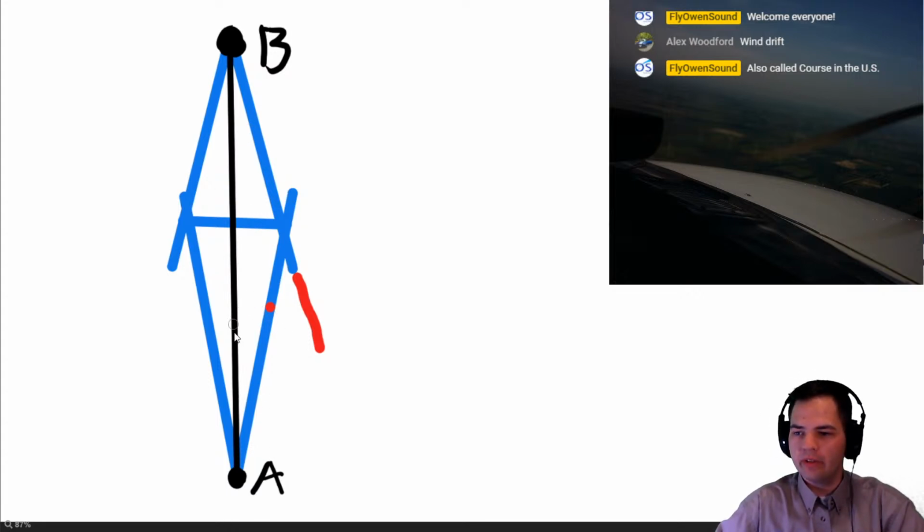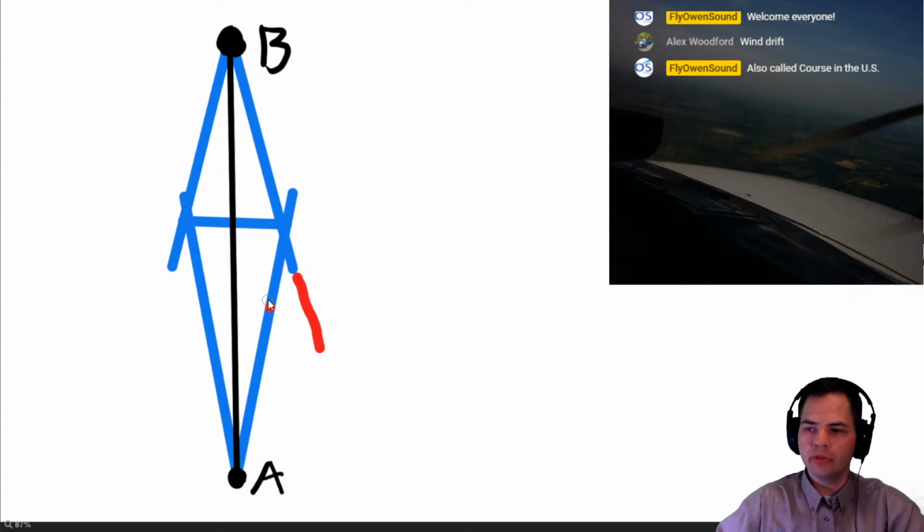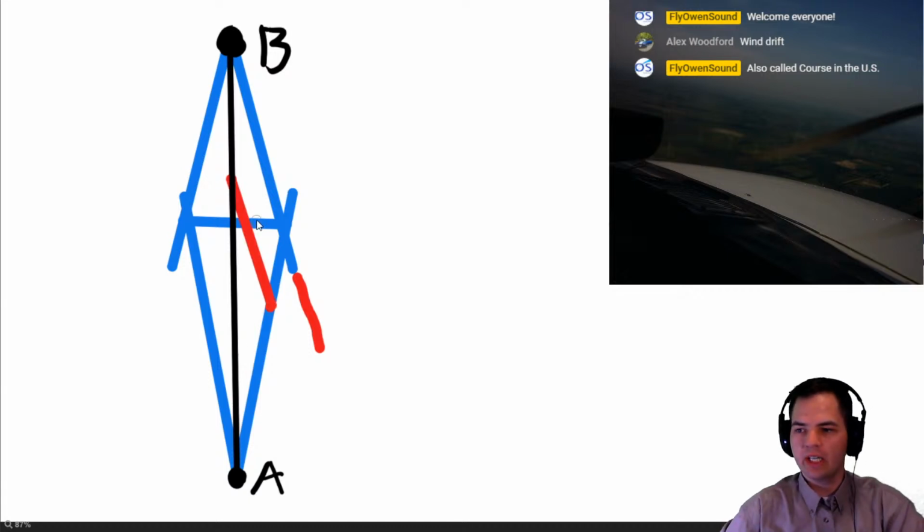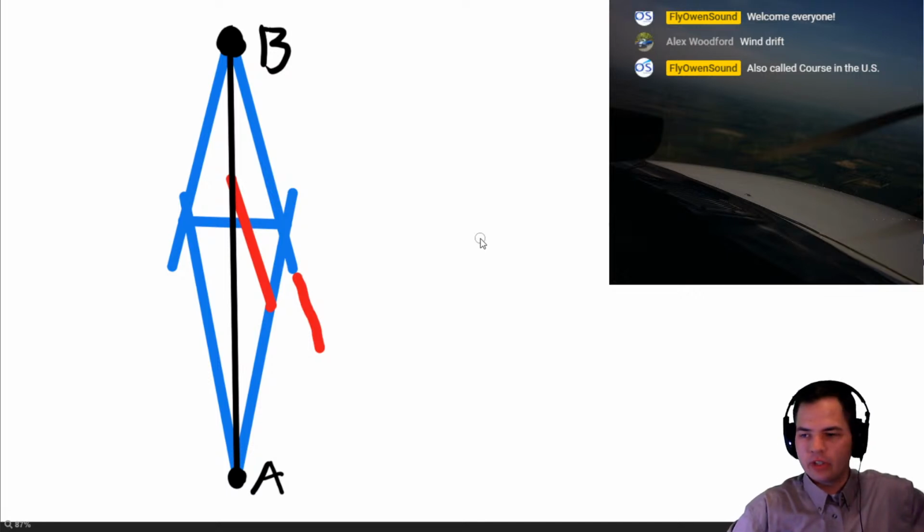So if you wanted to use the opening and closing angles method, you would use 16 degrees. If you wanted to use the double track error method, you would use 20 degrees, and that would get you back on track, maybe about here, and then continue to the destination with 10 more degrees.